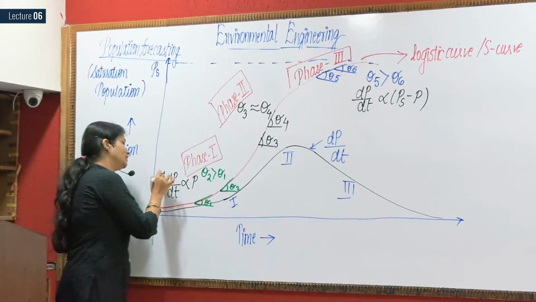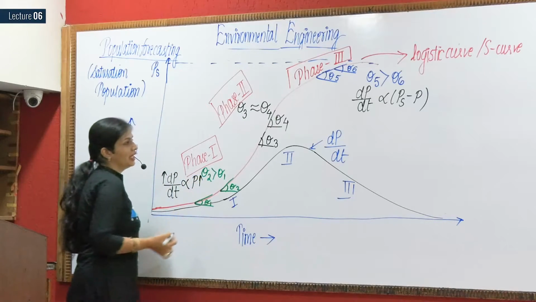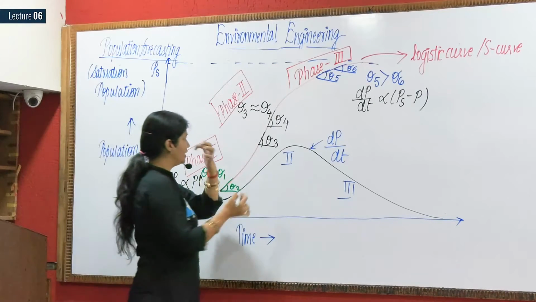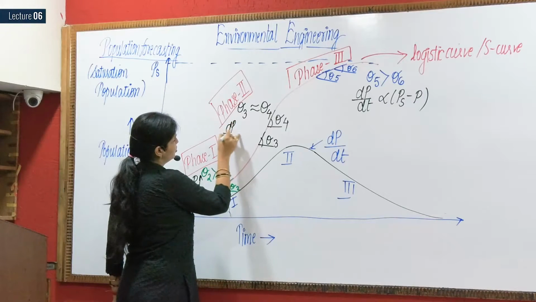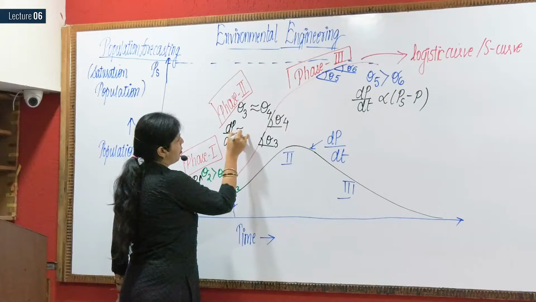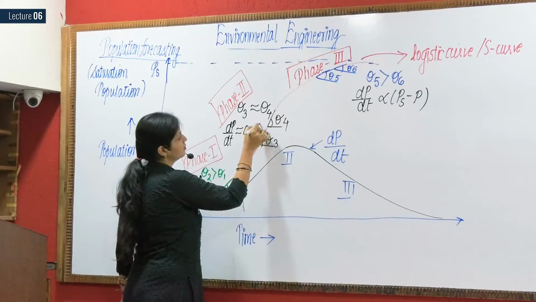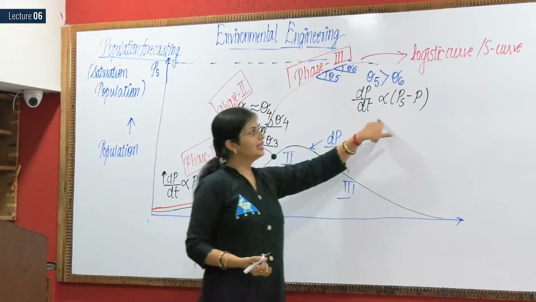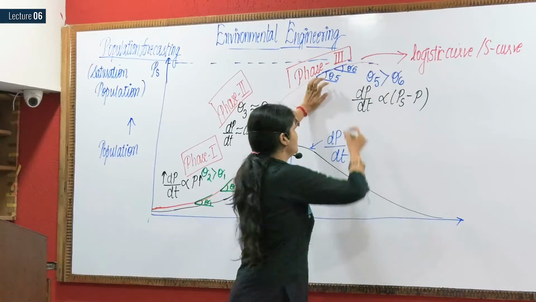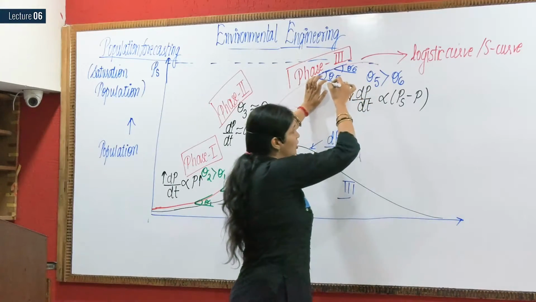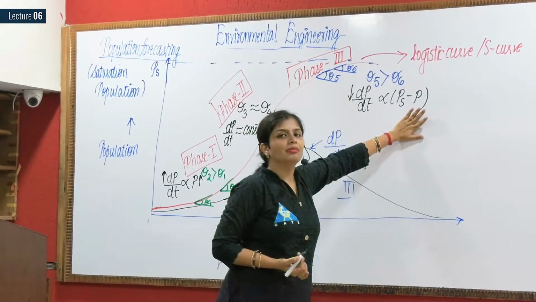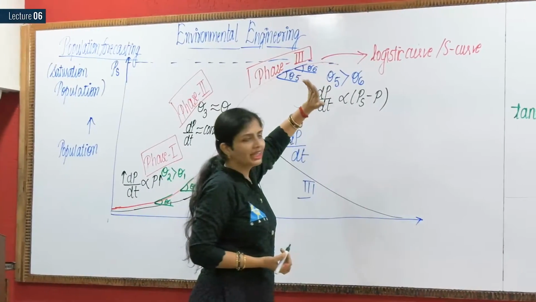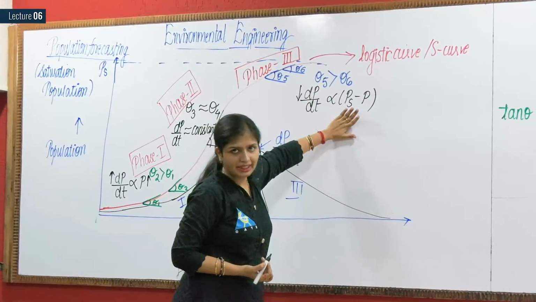As dp by dt is increasing, P will also increase. Here, dp by dt is almost constant. And here you can see the rate of growth of population decreases. Although the population is increasing, the rate at which the population increases is decreasing.